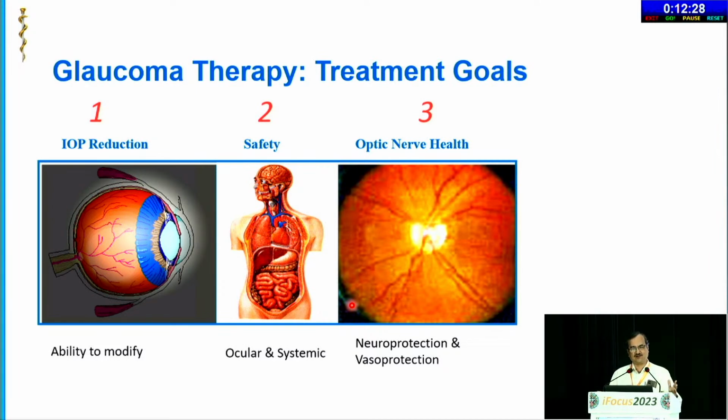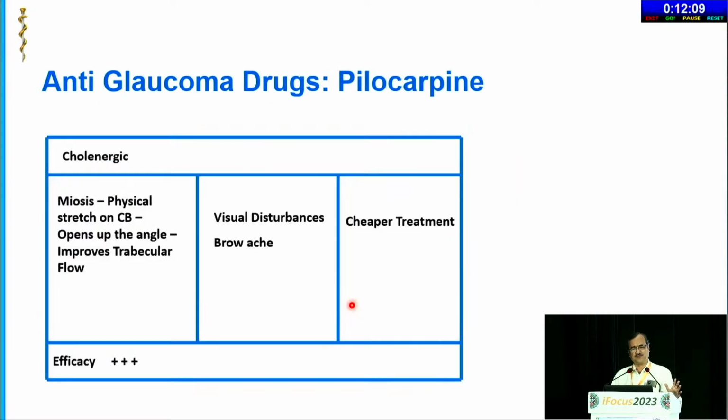Number two, what are the possible side effects of that particular medication, both ocular as well as systemic? And last but not the least, any bonus that that particular anti-glaucoma medication is able to offer us by way of neuroprotection or vasoperfusion or any other remarkable things. So based on these parameters, let us evaluate the drugs that are available.